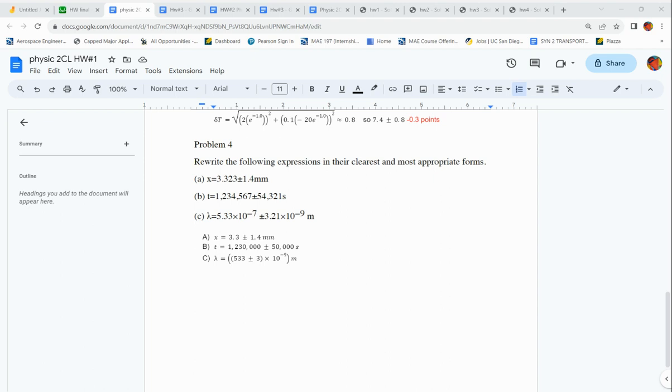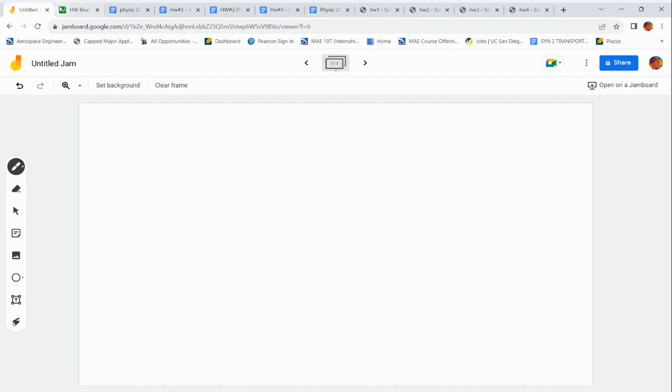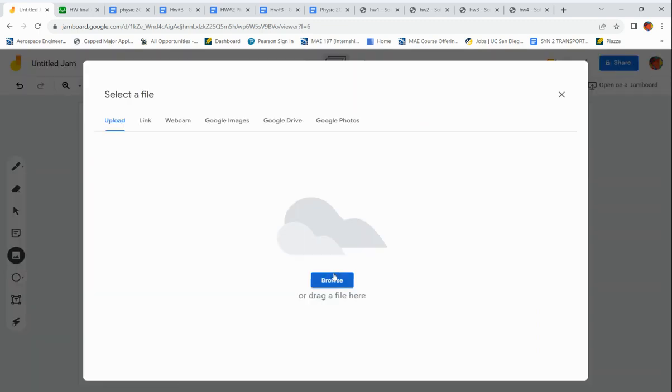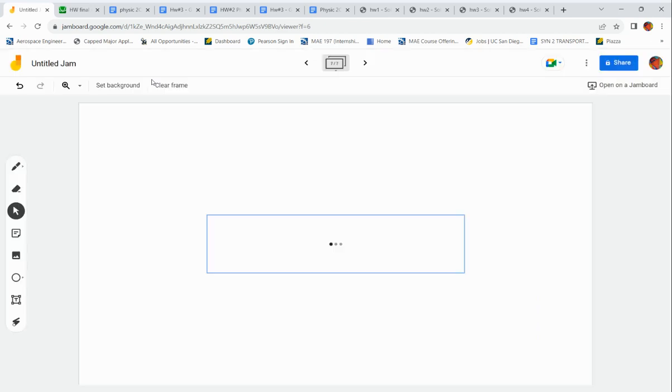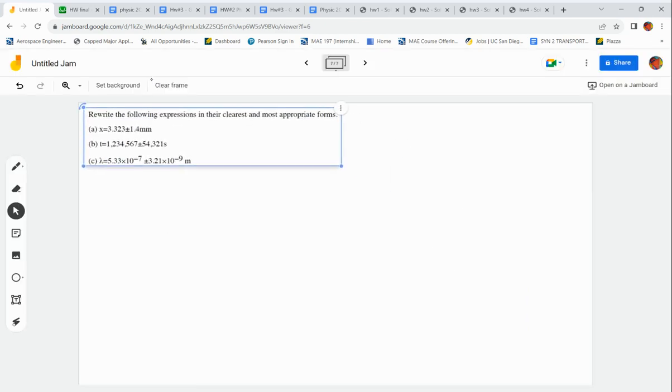The last one, I don't think I got any of them wrong, but might as well do the problem because, hey, more practice is more practice. Also, I'm eventually going to have to redo the lab report because I got something wrong there. You'll see later on.